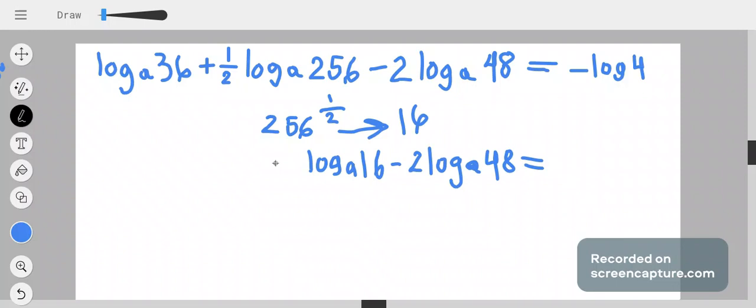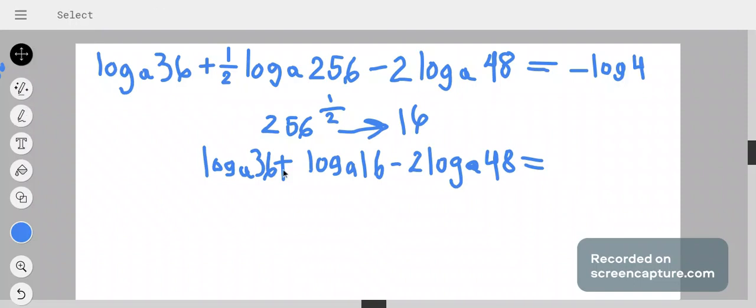And then we also have to bring this down as well. Log A 36. Okay, yeah, that is close enough to how it should look. So now that we have that done, that's what the equation should look like.